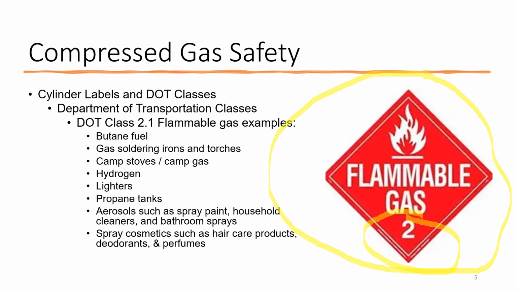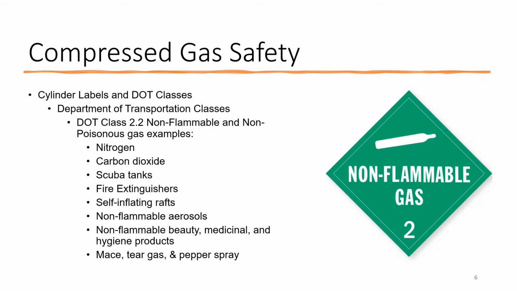They may take it from the place that manufactures it to a place that actually puts it in the container. So it may go from a very large tank down to a much smaller tank, like from a 150-pound cylinder down to when they finally put it into its end use. You could also find it on things like deodorants and perfumes, because the big thing is that it's considered a flammable gas. Let's go on to the next group here.